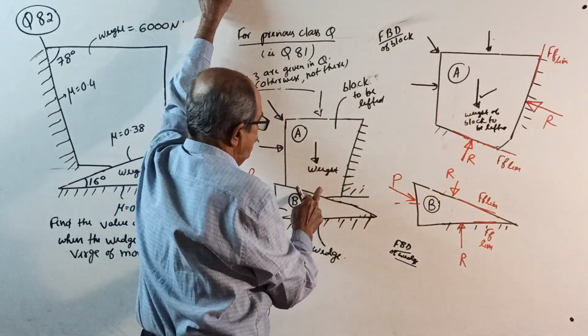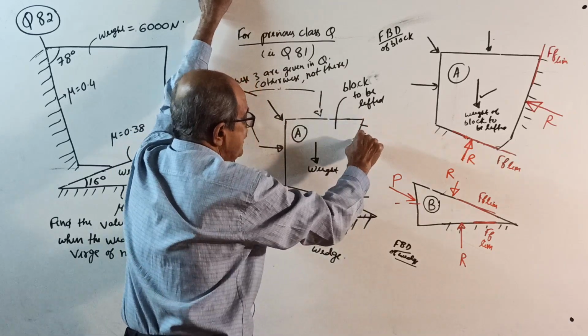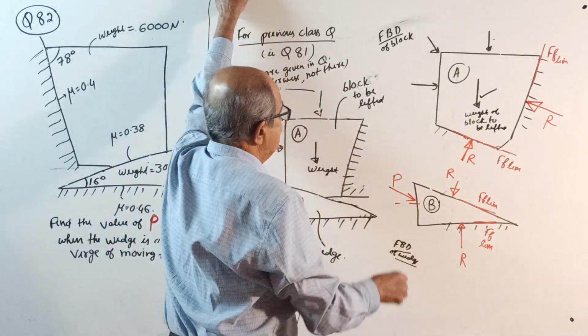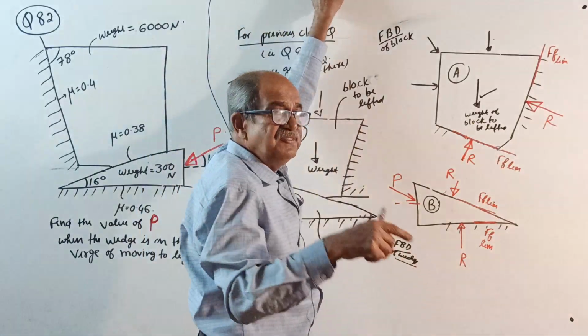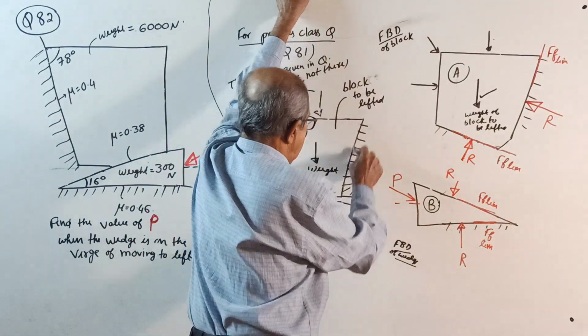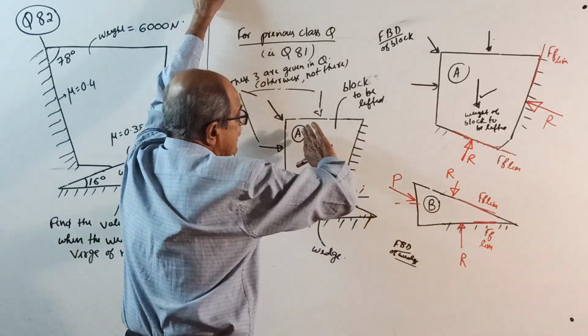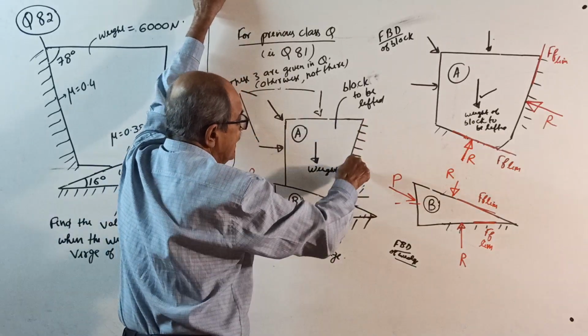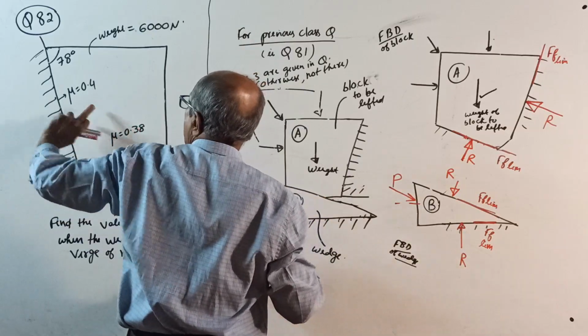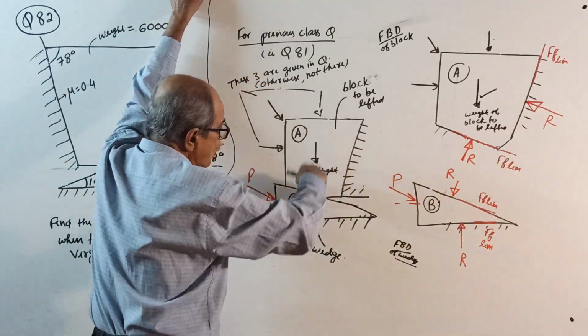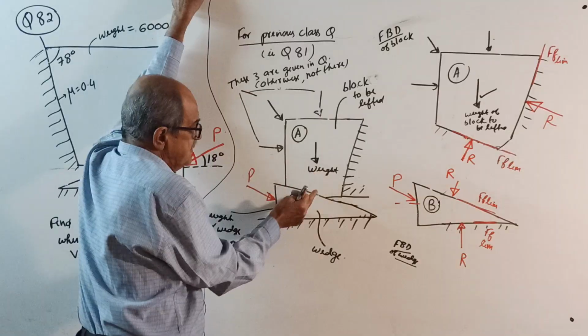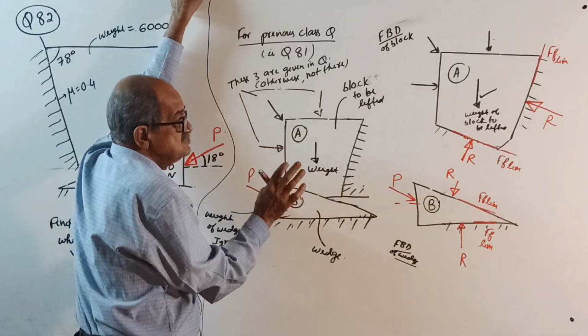Then, very important, this inclined plane: in so many question papers they give vertical, but that is for the coming questions. This block on the right side is resting on the inclined plane. In this question it is resting on the left side. And below, this block is resting on the wedge. Now see.